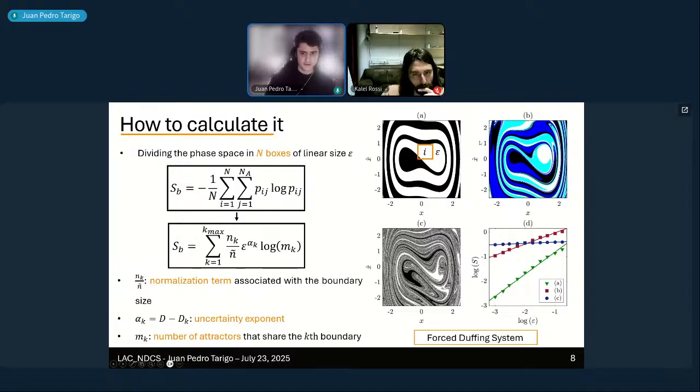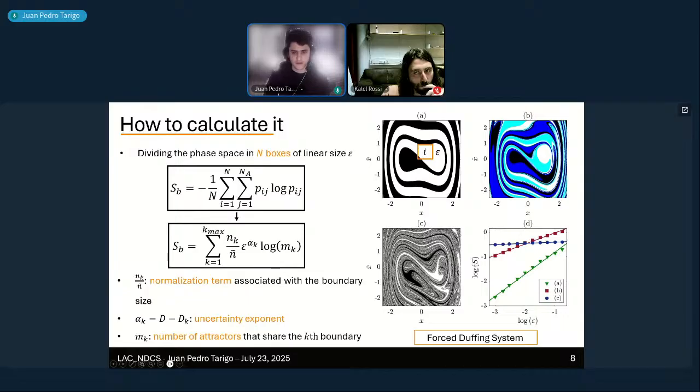Epsilon is just the size of the boxes. Alpha is the uncertainty exponent, so it gives the fractal dimension or the box counting dimension of the boundary, and M is just the number of attractors that share the K boundary.